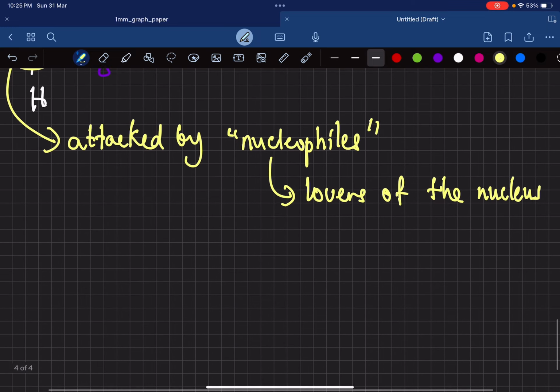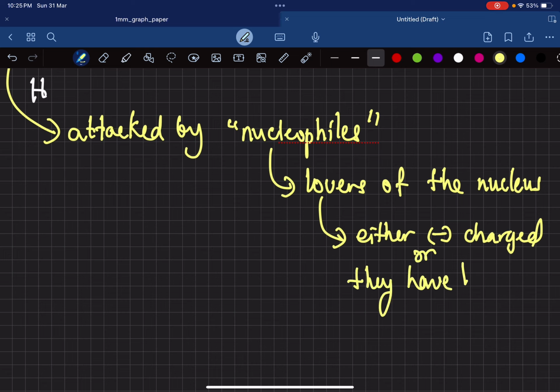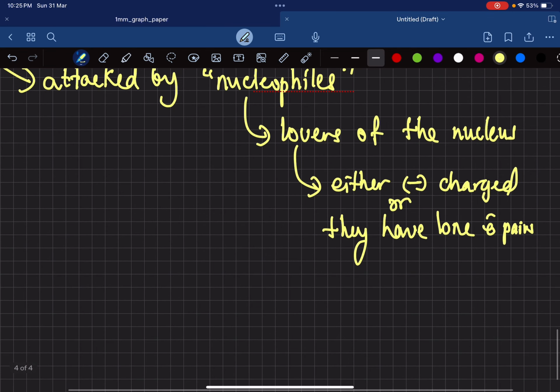These lovers have one criterion. Usually they are either negatively charged, or they have lone electron pairs. Examples of them are what you just saw: hydroxide, negative, it has a lone pair.